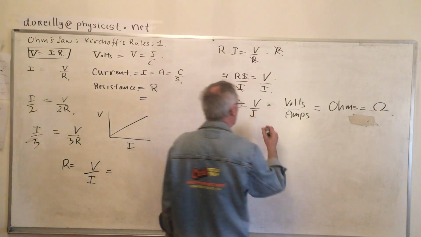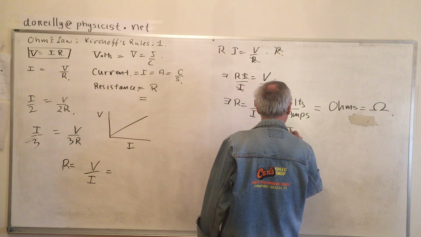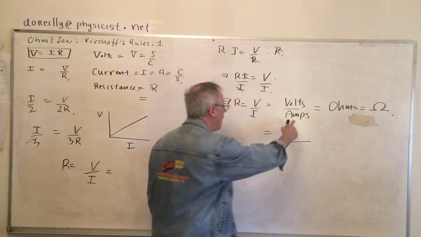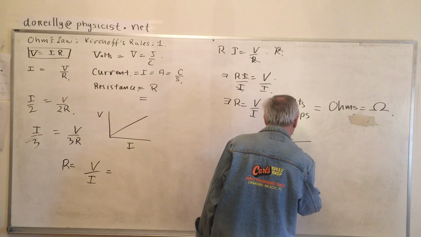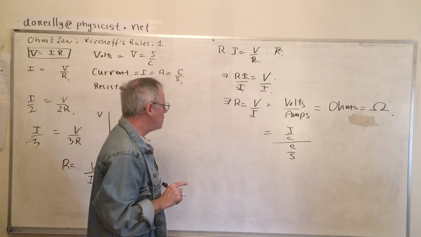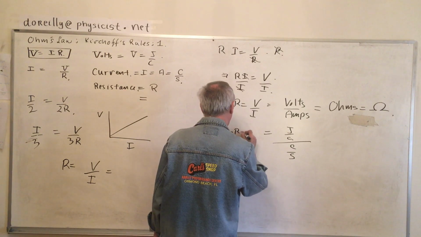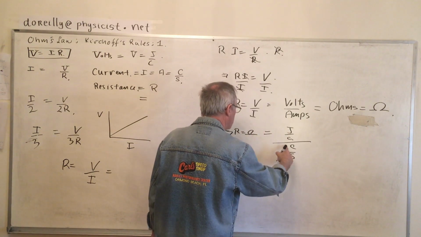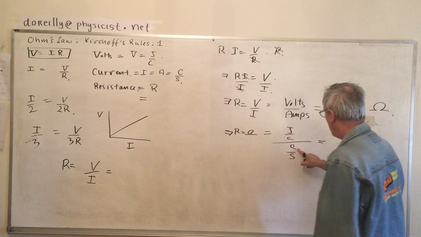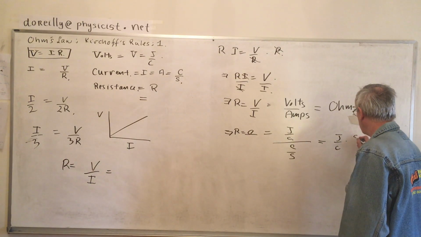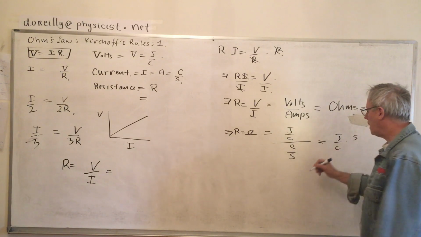But let's put in the other units. Volts are joules per coulomb, and amps are coulombs per second. So another way of writing the units of R, or ohms, is joules over coulombs times coulombs over seconds. And dividing by reciprocal is the same as joules over coulombs times seconds over coulombs. Let's see if I got that right.